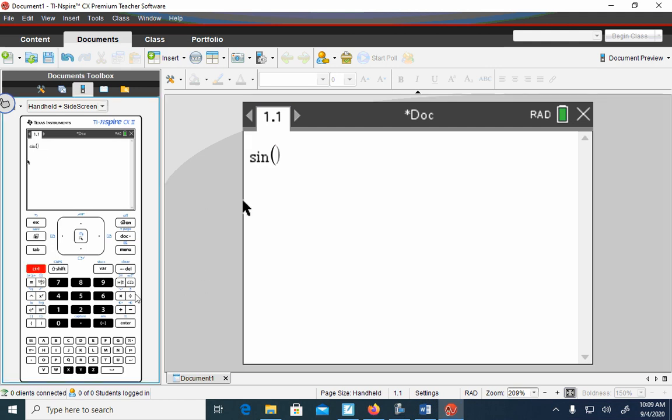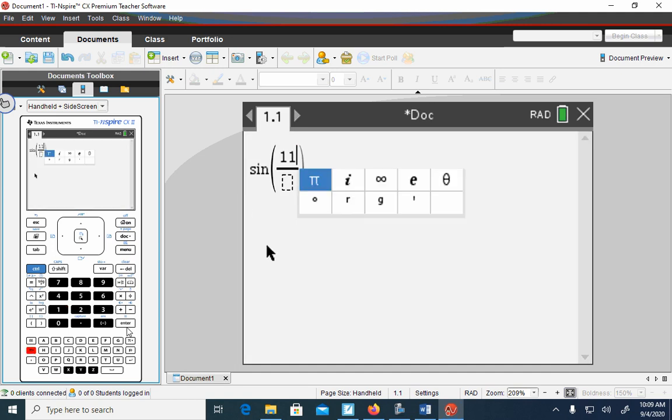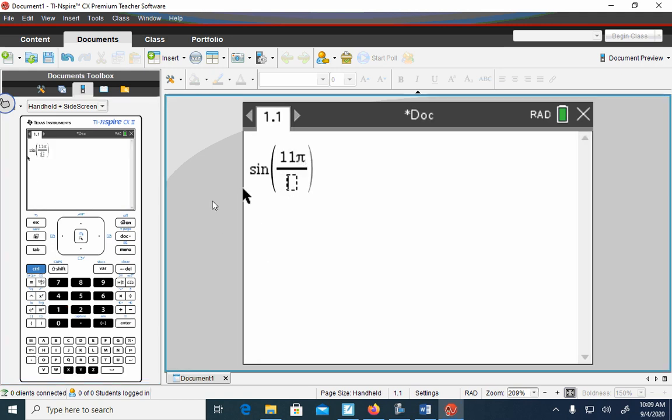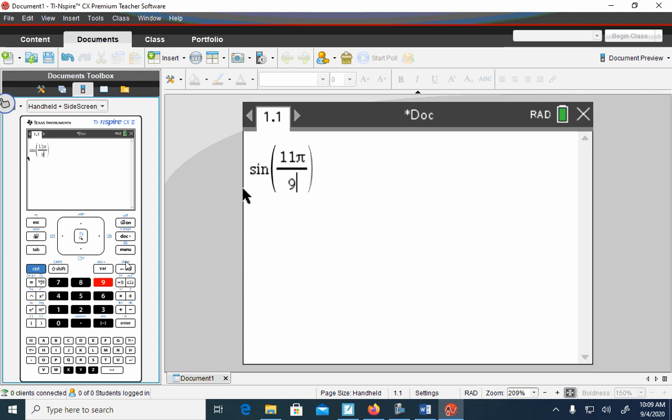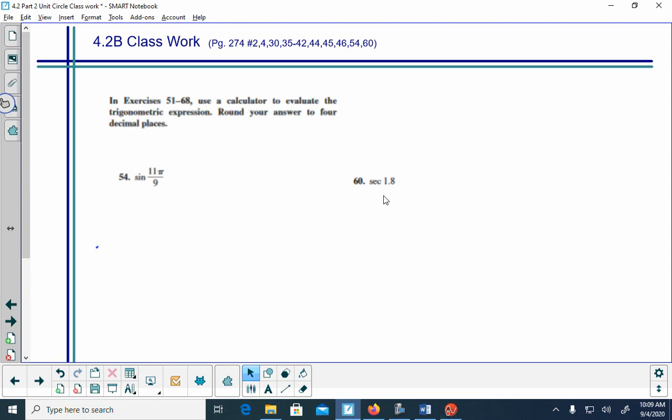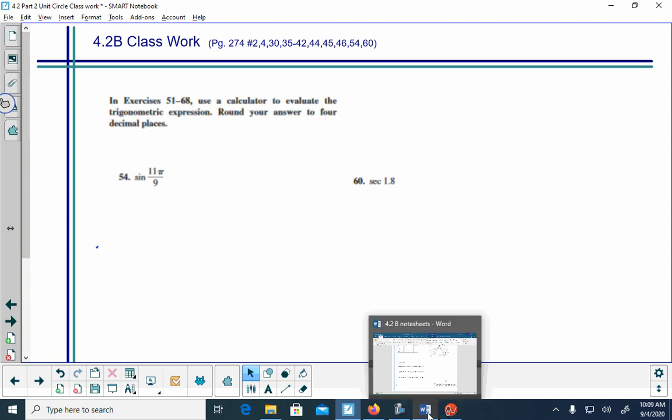I'm using my favorite button, Control Divide, and I'm going to do 11 pi over 9. So I'm going to put 9 here. And when I do that, I'm going to get that decimal of negative 0.6427. The next one asks me to find the secant of 1.8.